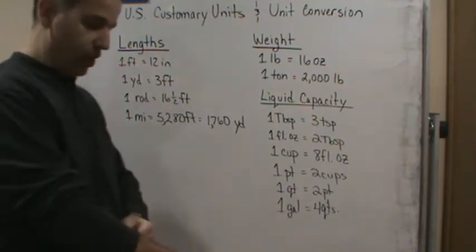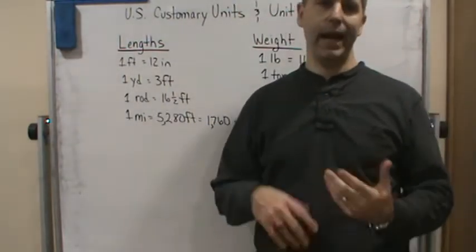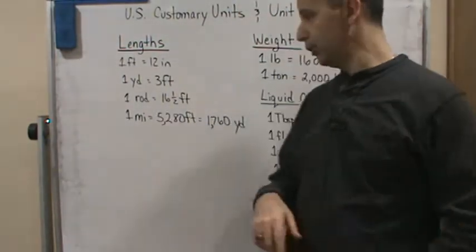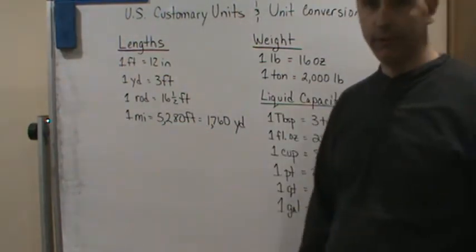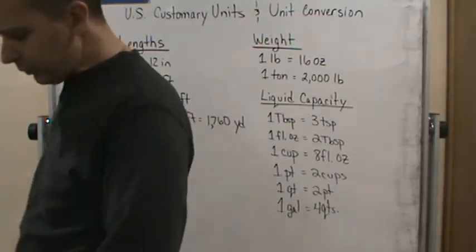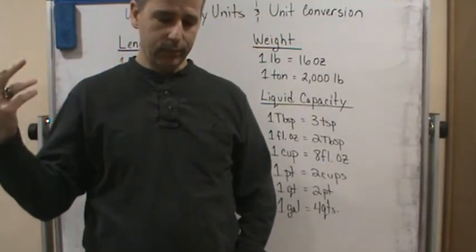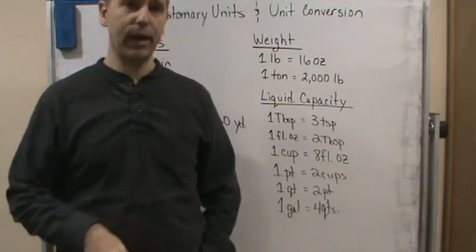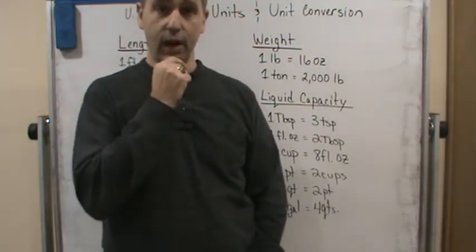Now, here's the thing. There are lots of different units that you can look up that come from agriculture and things like that. So, for example, a mile. Well, we know a mile is 5,280 feet, or if you're an engineer, they might look at it as yards, so it's 1,760 yards.